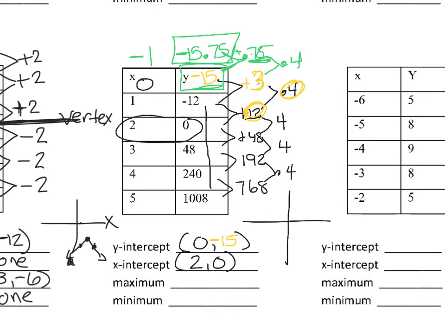All right, so let's graph it. 20 would be here. 348 would be way up here, and negative 12 is down here. All right, so it's going to be a minimum. All right, so we're going backwards.